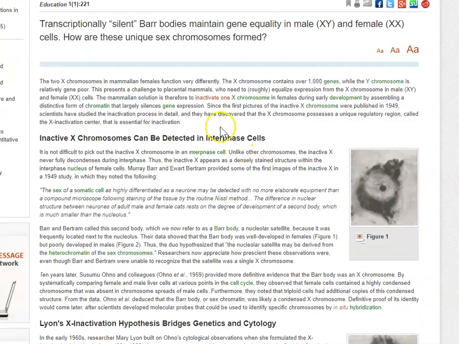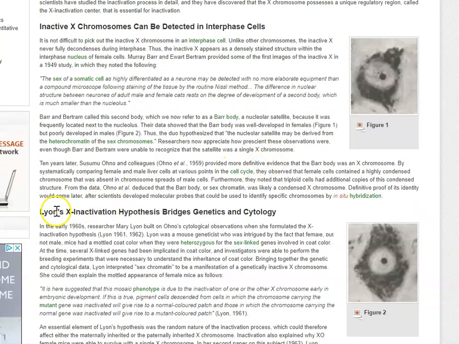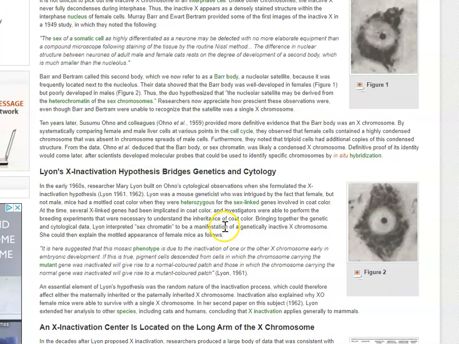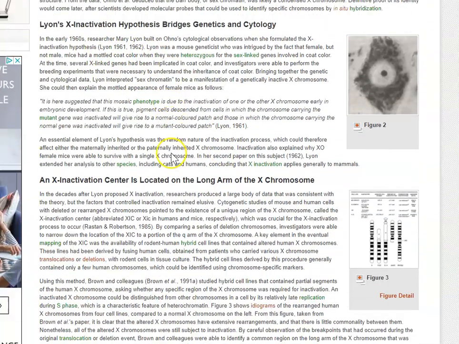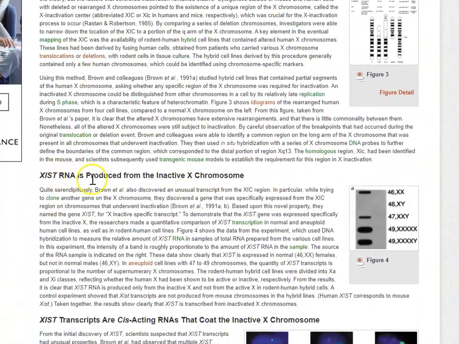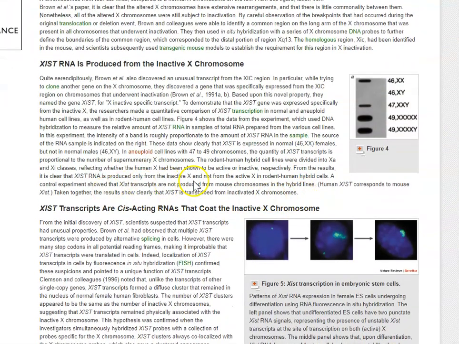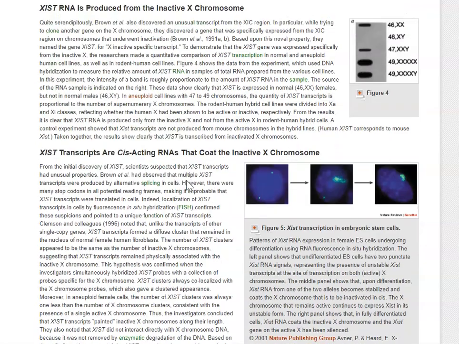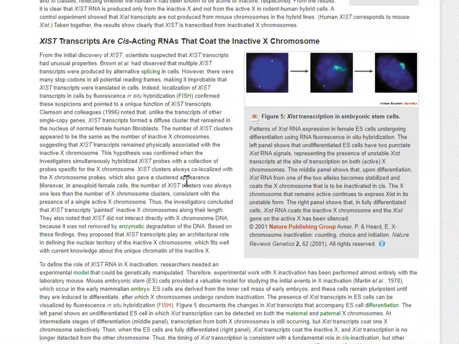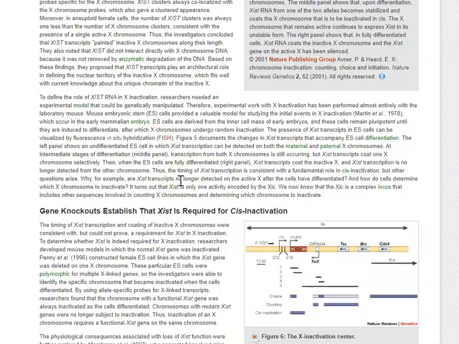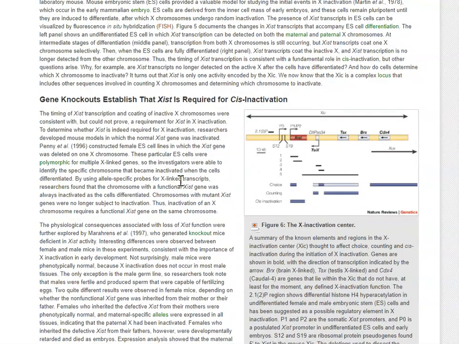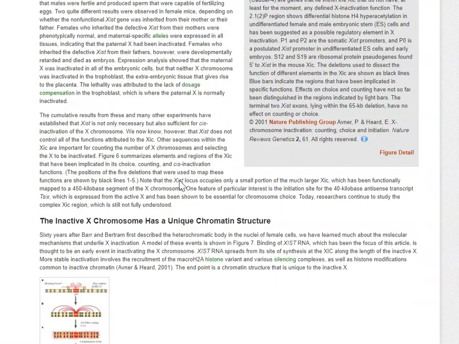This article explains all about inactivation of X chromosomes, lyonization and how it was first identified back in the 1960s. It then talks about the XIST gene or the XIST RNA that is produced, which effectively coats the chromosome with this RNA and then silences that particular chromosome. So if you follow that link and have a read through, there's some quite complicated but interesting stuff about how the X chromosome is inactivated.